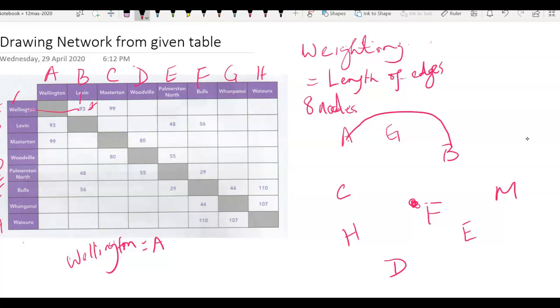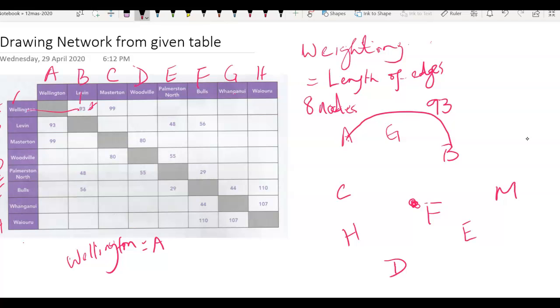But over here, since I haven't given the position yet, that could be one of the reasons. So it's 93. I need to write that weighting, or the distance, alongside the edge between A and B. Now I got to carry on.